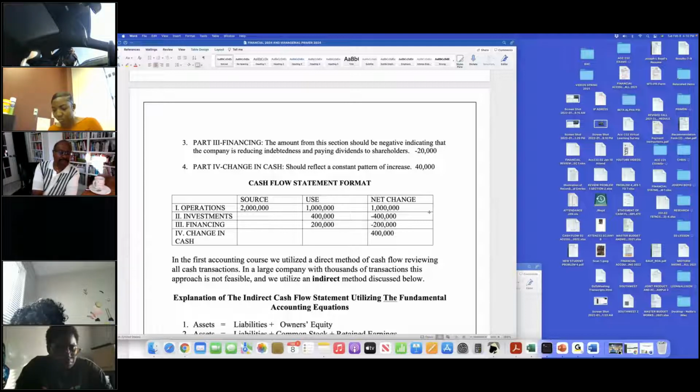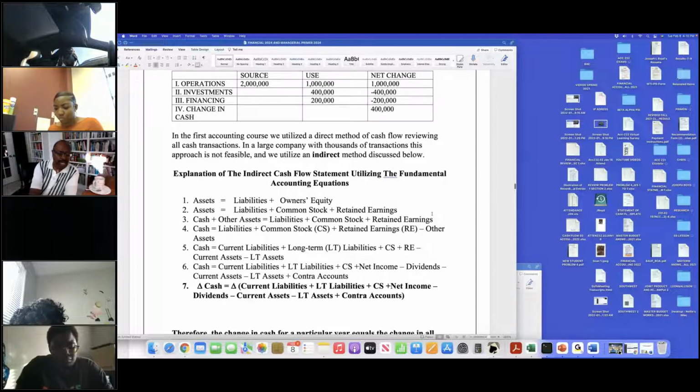And we went through deriving how we're going to do it. In Principles 1, we simply looked at all of the cash items. But in Principles 2, we go back to the original equation: assets equal liabilities plus owner's equity. Then we say assets equal liabilities plus common stock plus retained earnings.